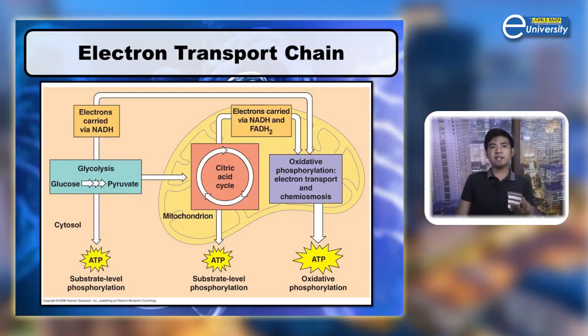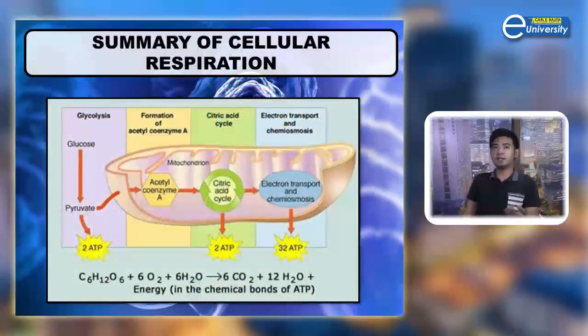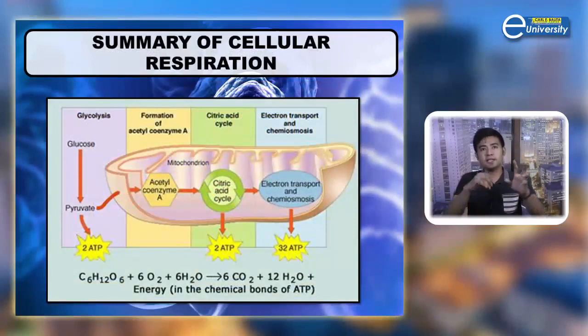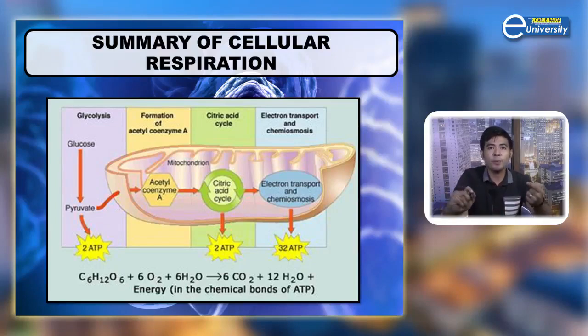So I have here the diagram or the summary of the electron transport chain. So in cellular respiration, in glycolysis, we produce two molecules of ATP. In the citric acid cycle, we produce another two molecules of ATP. While in oxidative phosphorylation or the electron transfer chain, we produce 34 molecules of ATP.